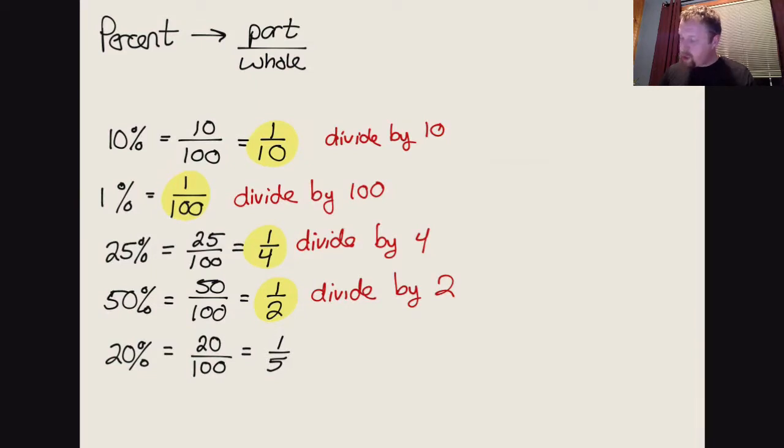So if you want to know 20% of something, you divide by 5, because again, we're dividing by the denominator when the fraction is in simplest form. This is one of those unique situations where this works. It's not necessarily a rule, but it's a habit you will probably get into over time.